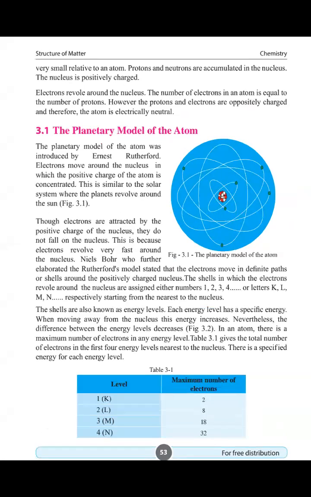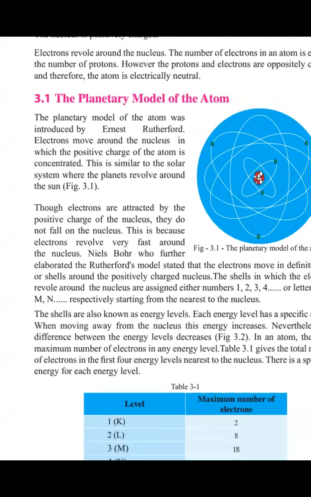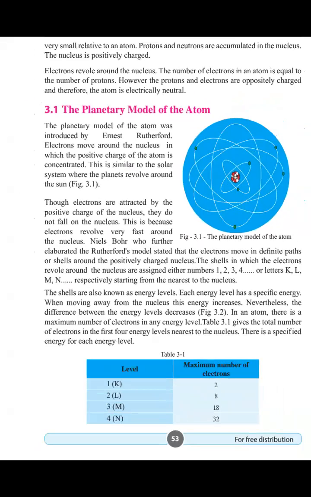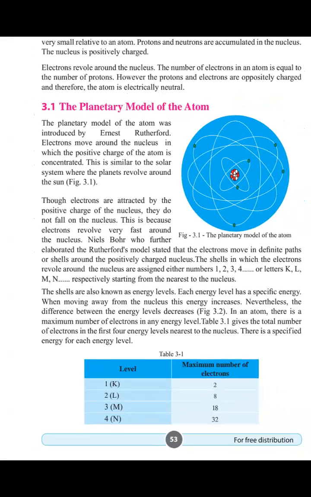Then the third model, Niels Bohr. Based on this planetary model, he elaborated the Rutherford's planetary model. He further stated that the electrons move in definite paths or shells or energy levels around the positively charged nucleus.